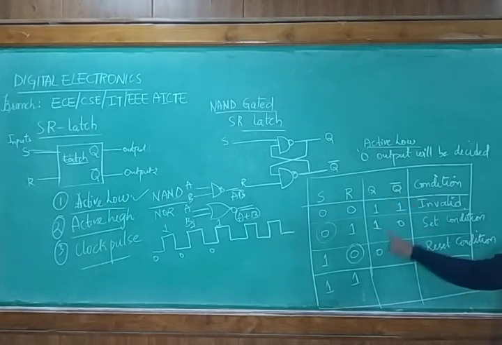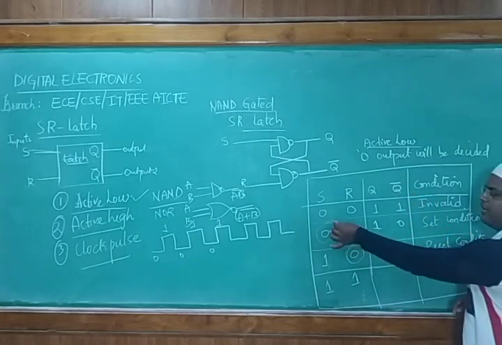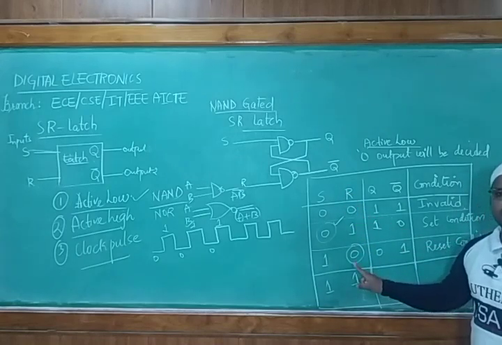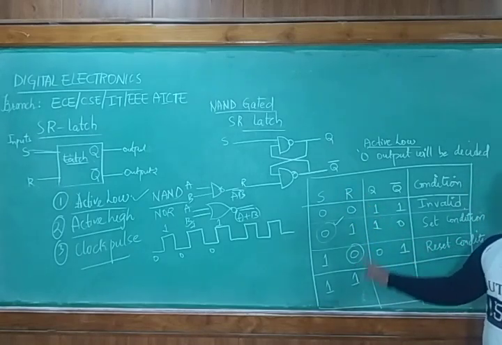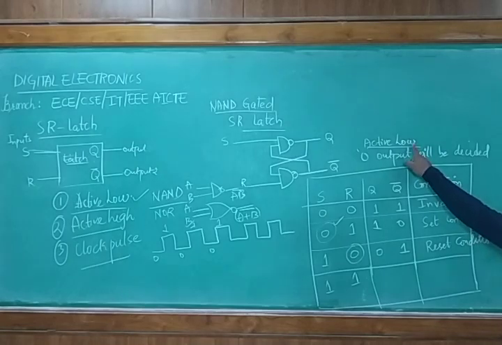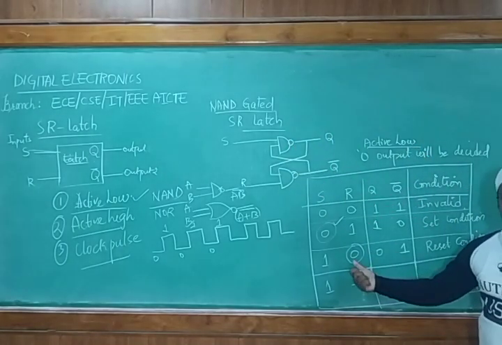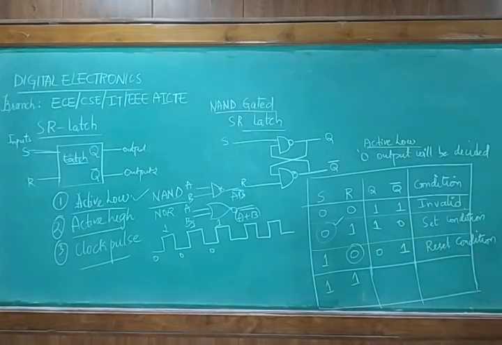When Q is equal to 1, the complement of that is Q bar, so Q bar is equal to 0. Then, by looking at this set bit, we say it is a set condition. Similarly, for the next part, when reset is equal to 0, since we are going with the active low approach by using the NAND gate SR latch we are designing, it is called the reset condition.